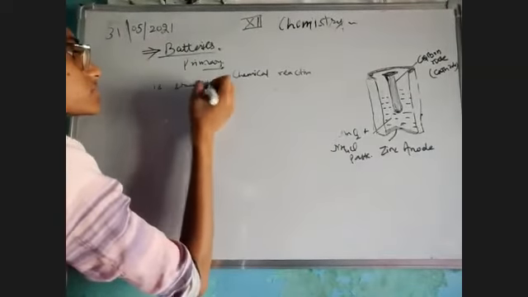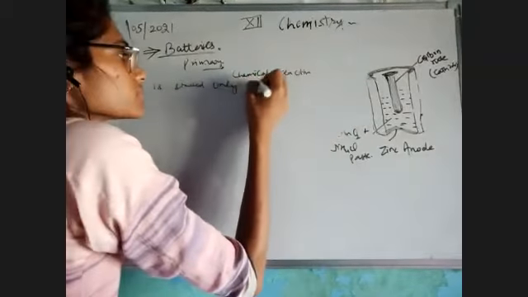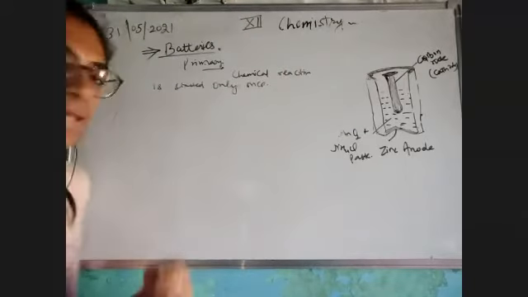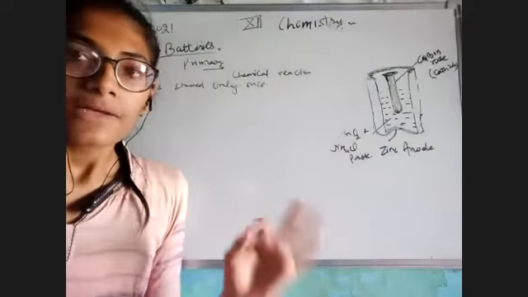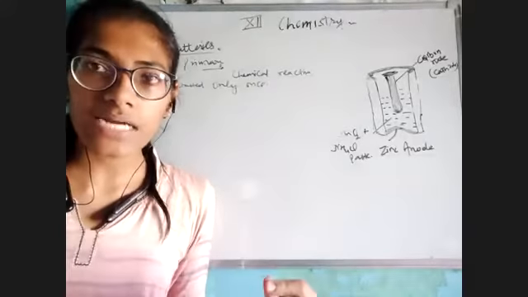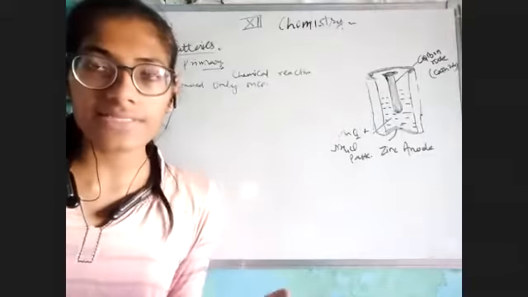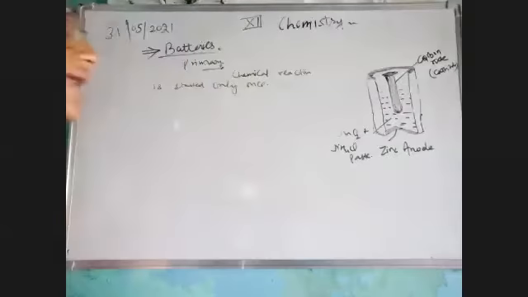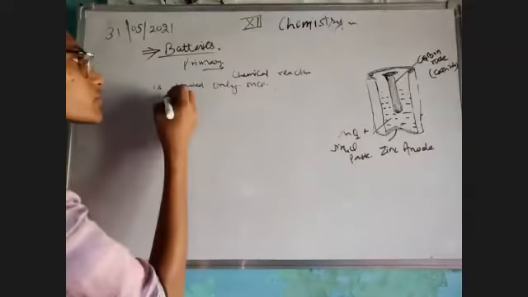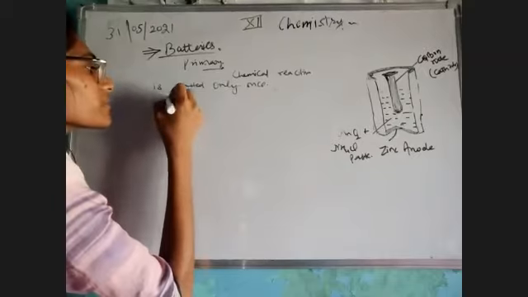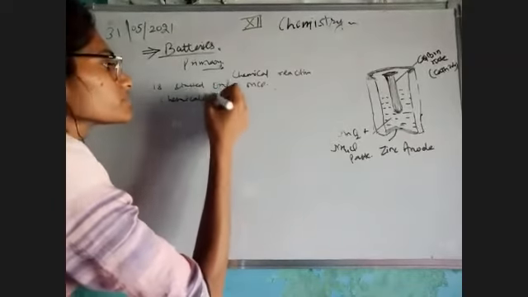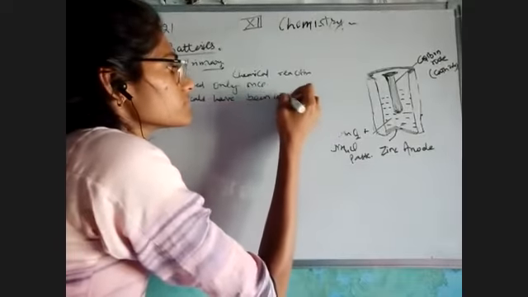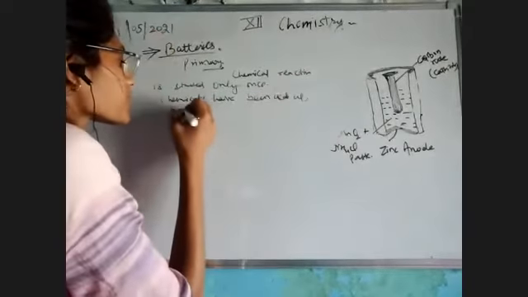So whenever my chemical reaction has been started, at exactly the same time it would start converting into electrical energy. And after a long period of use, when my chemicals have been used up, the battery would become dead.